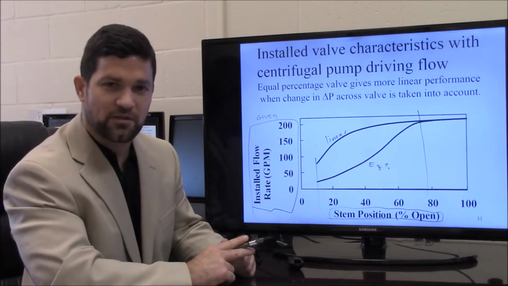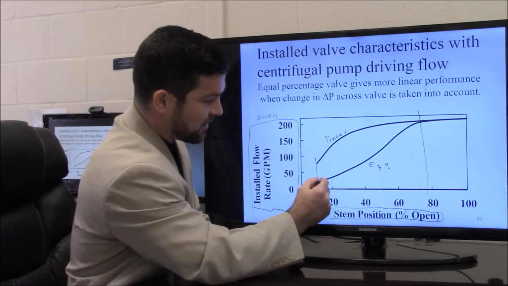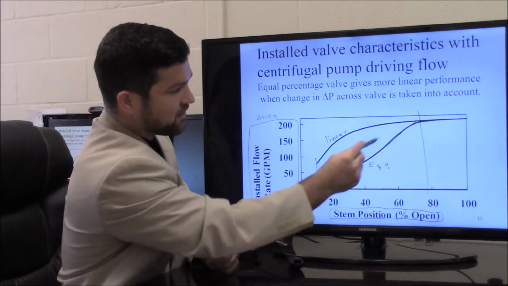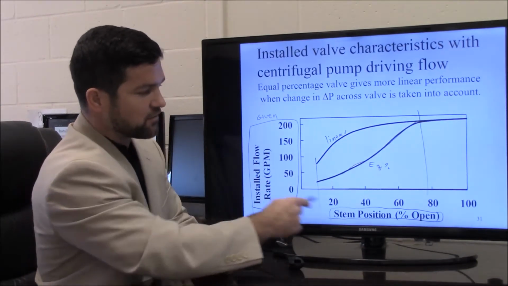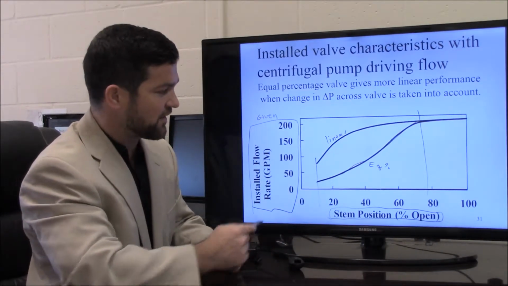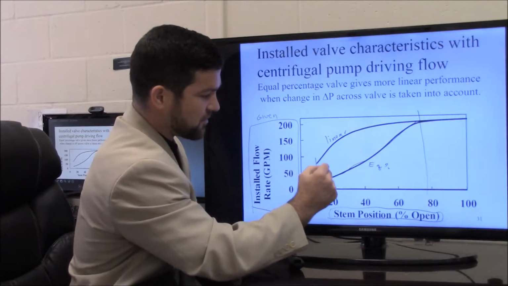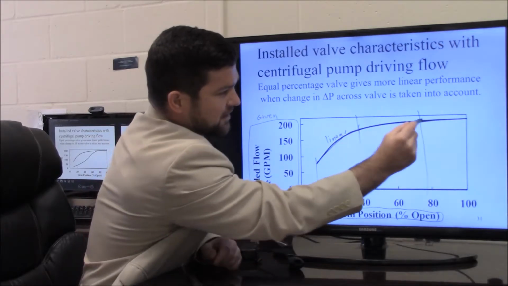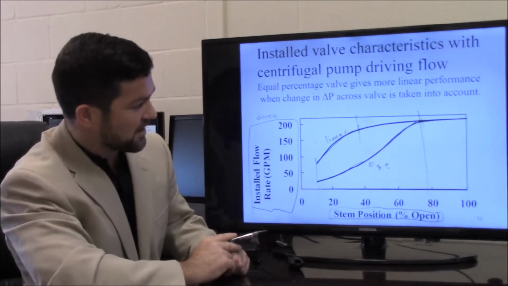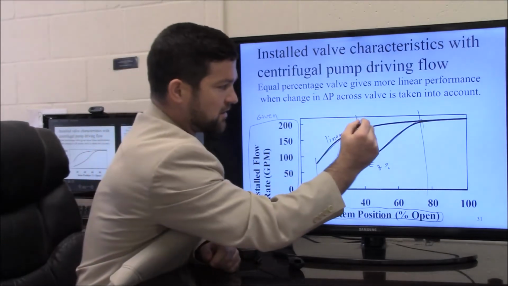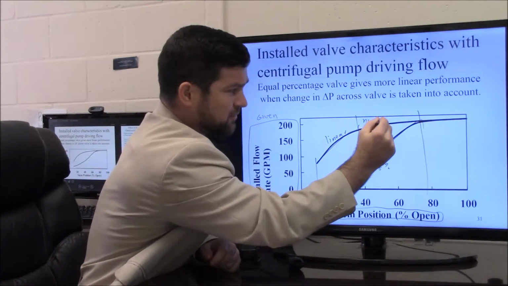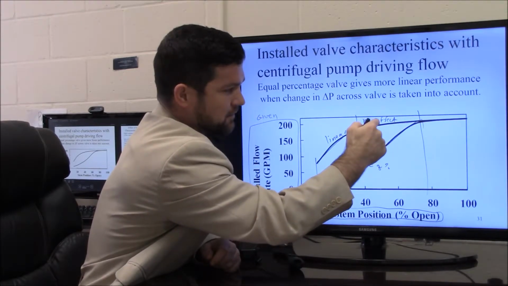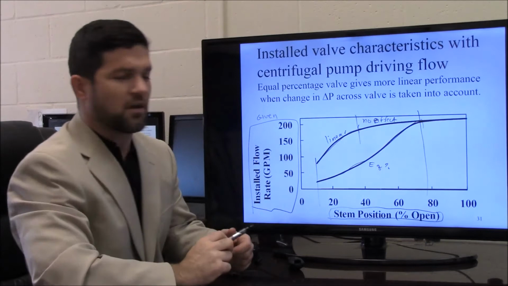So what do we notice for these two conditions? The equal percentage valve has a little bit of a change in slope, but we see a fairly constant change in flow rate with respect to stem position, whereas for the linear valve, at low positions, from about 10% up to about 40%, we have the most change, but for anything above 40 to 80%, there's no effect on the flow.